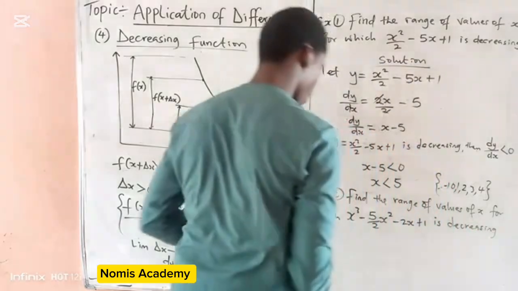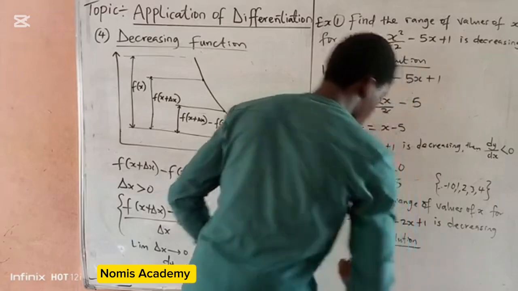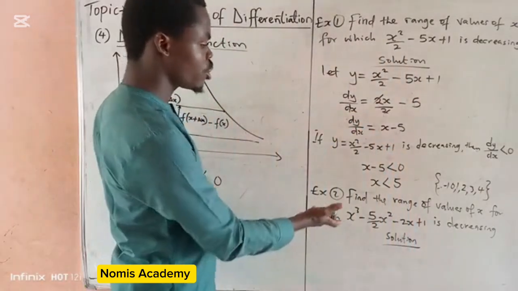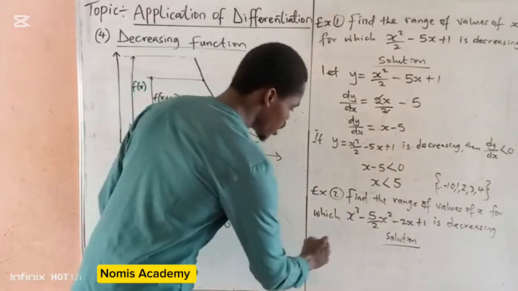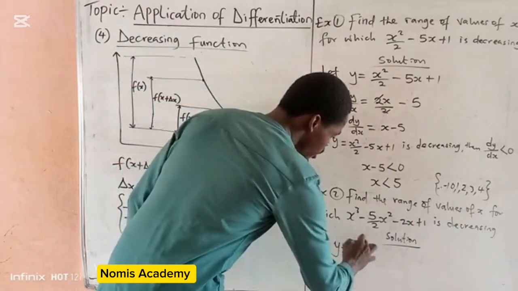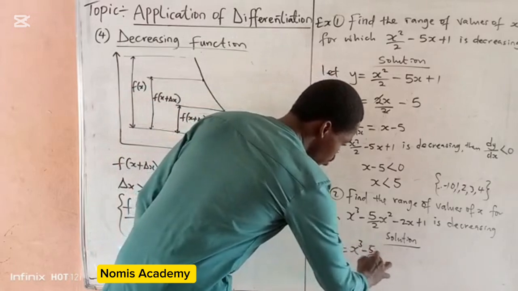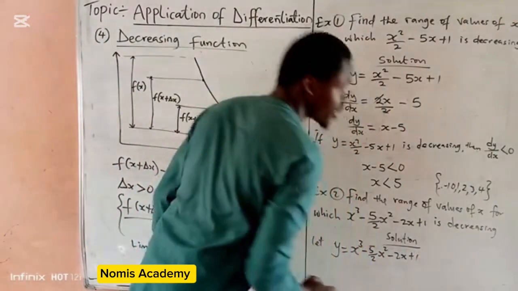Alright, solution. Now we are going to write the expression in functional form, which is let y equal x cubed minus 5 over 2x squared minus 2x plus 1.